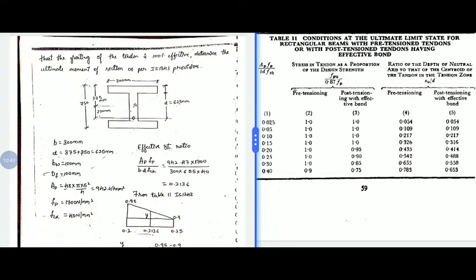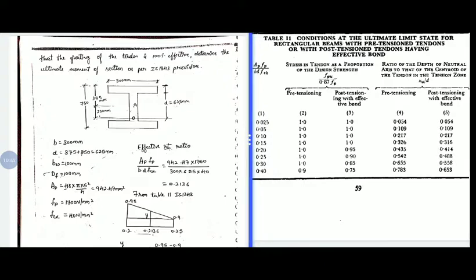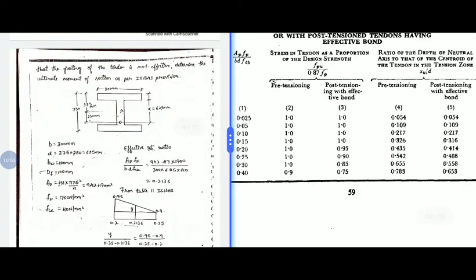So here you need to refer to post-tension with effective bonding, that is column number 3. So refer column number 1 for the value 0.2136. It lies between 0.2 and 0.25. So for 0.2 you have 0.95 and for 0.25 it is 0.9.